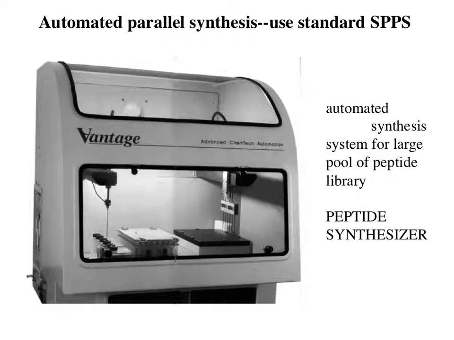So here's an example of automated parallel synthesis. This essentially is a peptide synthesizer, which allows for the synthesis of large pools of peptide libraries. It usually has a multi-channel head, and tiny wells that can pick up reagents and then deliver reagents to each well.